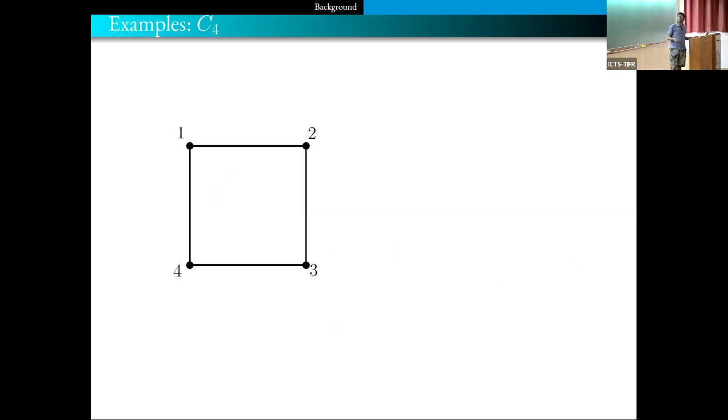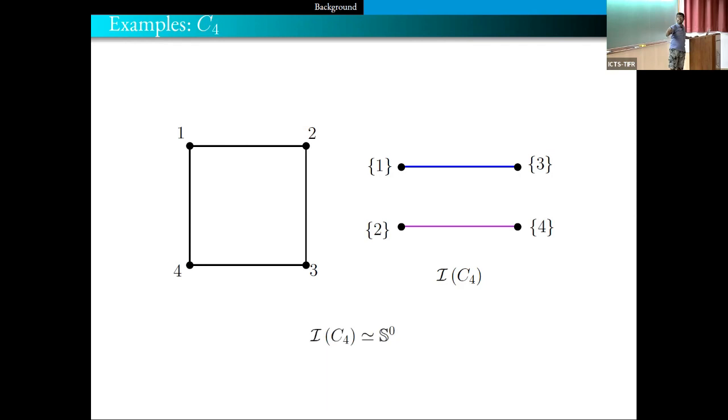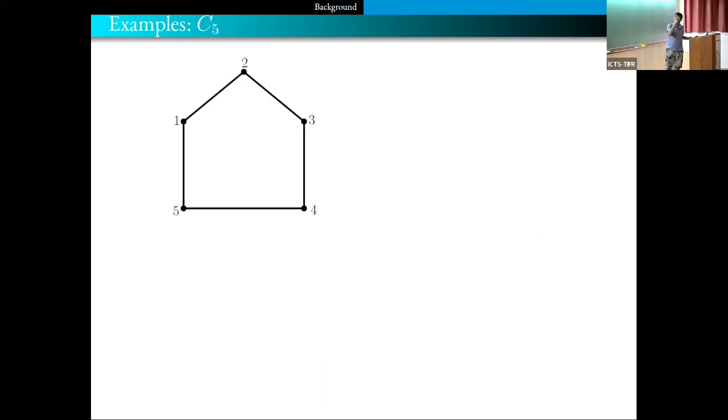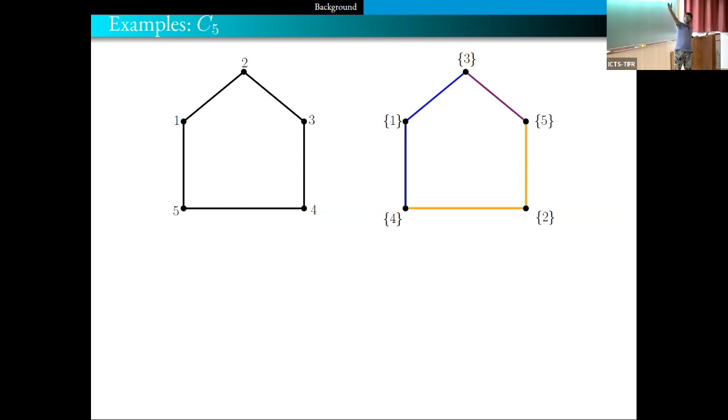Okay. Now similarly C4 is 4 points and two edges, and this is the independence complex. The 2 lines again you can contract to a point, and therefore this is just a 2-point set, and hence it's S0. And finally C5: you have 5 points, and the independent sets will be 1,3; 1,4; 2,4; 2,5; and 3,5.